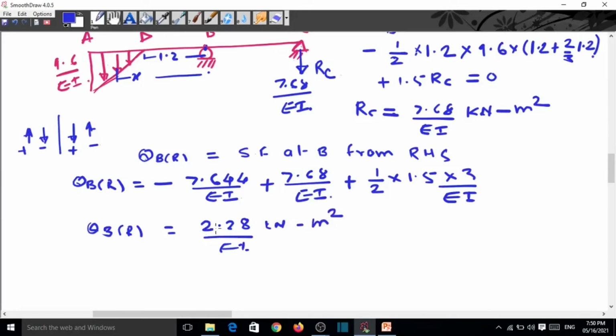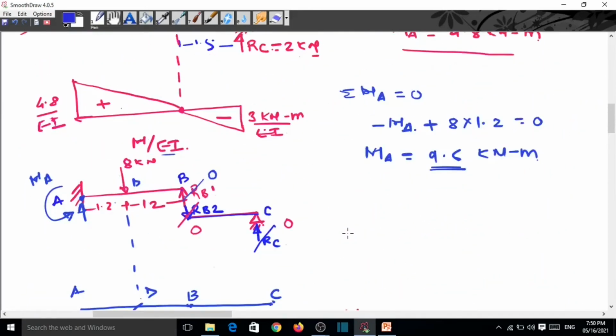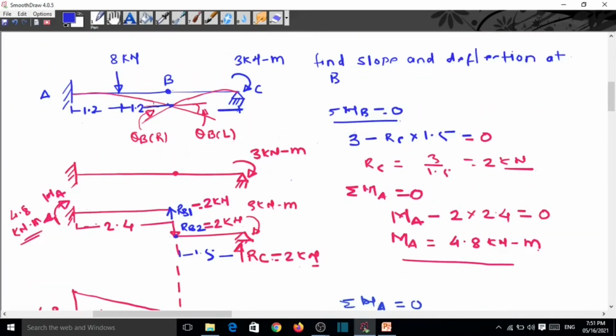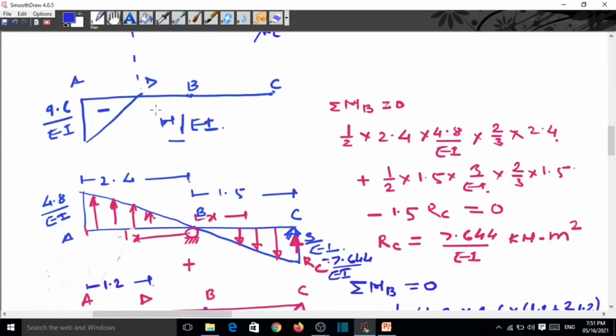Now this answer is positive, shear force is positive, it means the anti-clockwise angle. This angle is the anti-clockwise. It means if you measure here, so in this way, this is the anti-clockwise. So theta b right side, that is the anti-clockwise and that is the positive.